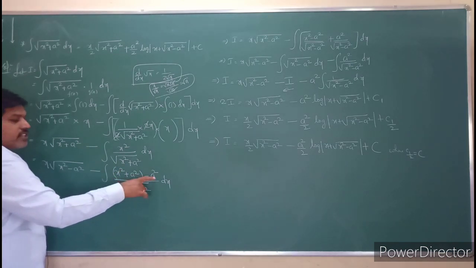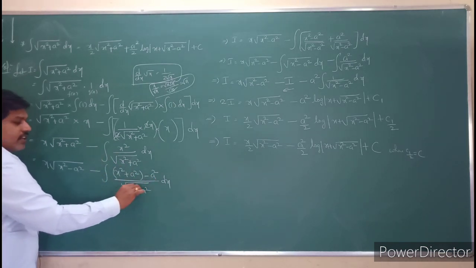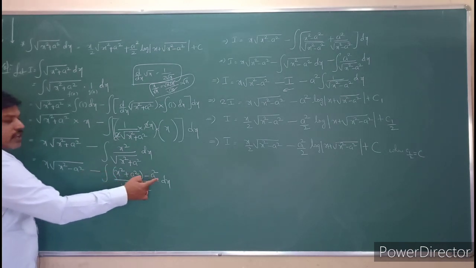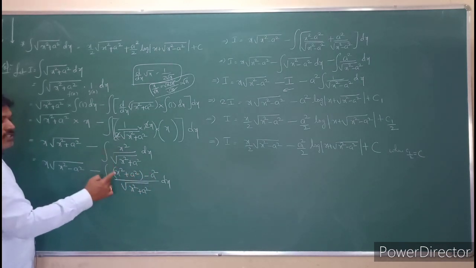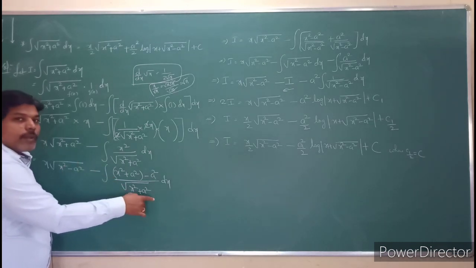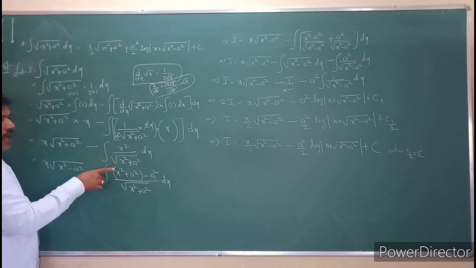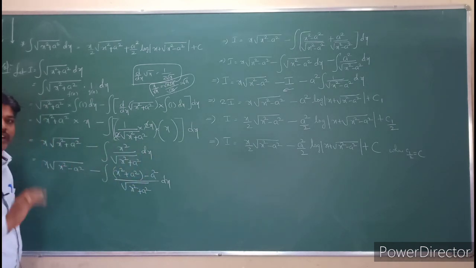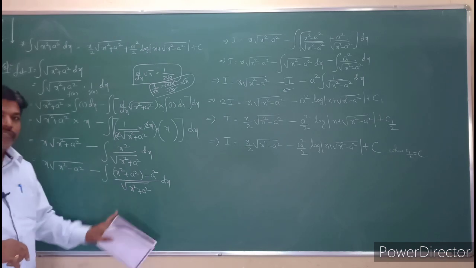Because plus a square minus a square will be cancelled, and you will get x square. Since in the denominator it is x square plus a square, that's why I use in the numerator also x square plus a square minus a square. This is the only difference in this one.